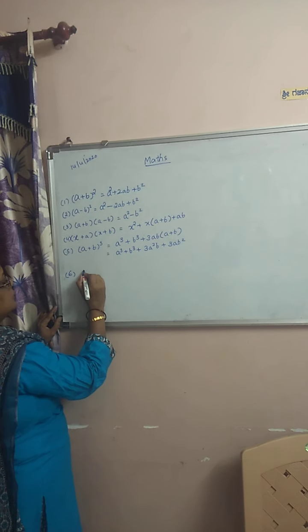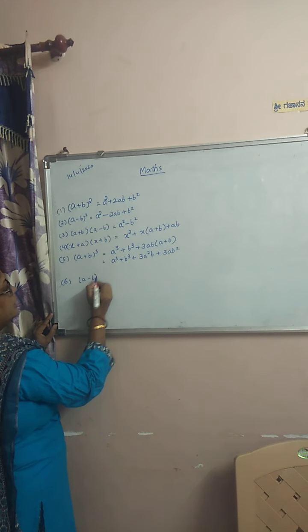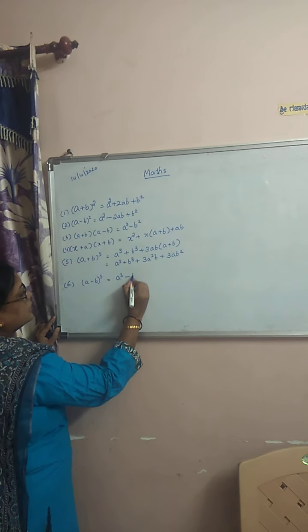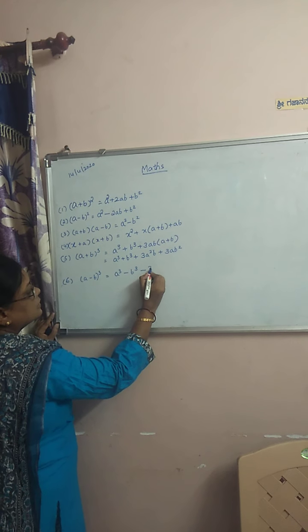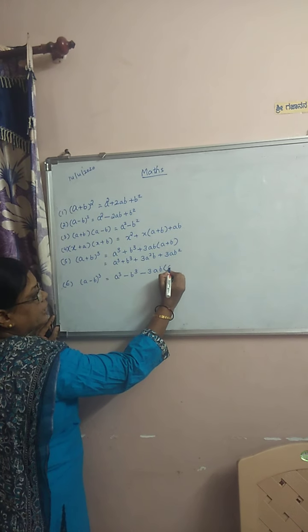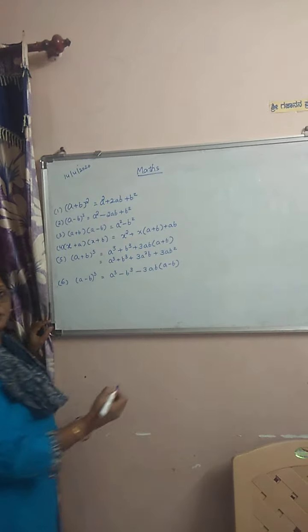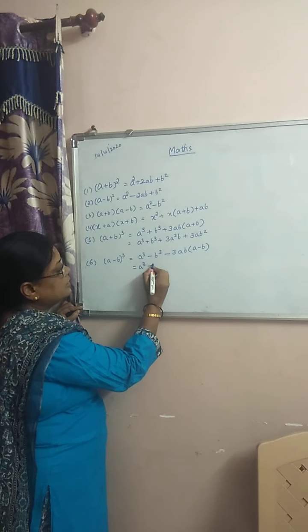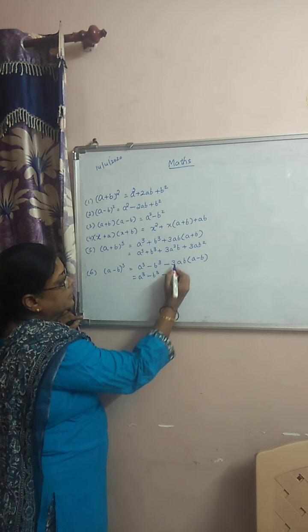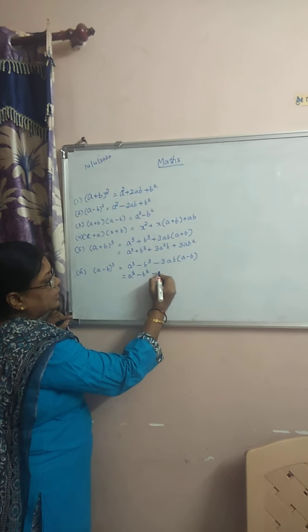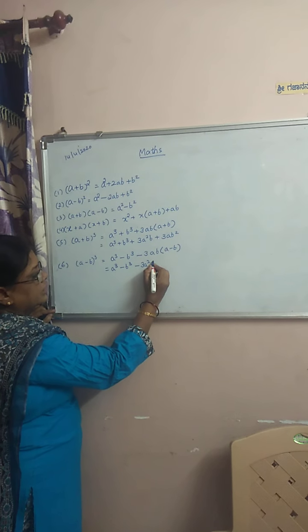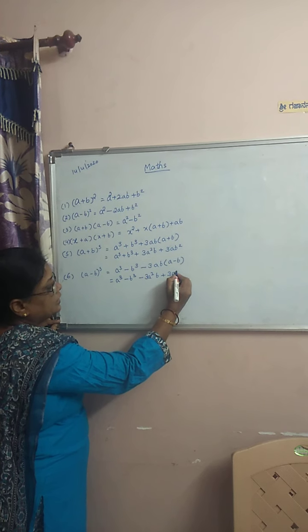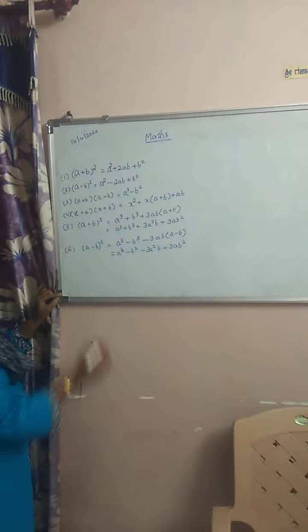Next comes (a minus b) whole cube, that will be a cube minus b cube minus 3ab(a minus b). This can also be written as what? a cube minus b cube, open this bracket, minus 3ab into a is minus 3a square b, minus into minus will become plus, plus 3ab square.